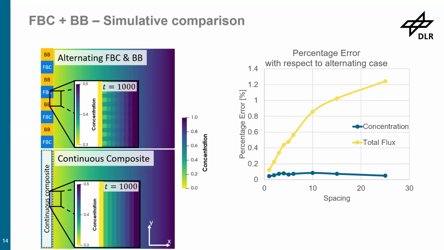And we can see that the error itself on the concentration field is almost negligible. And I must say, with the spacing of 25, we have in total 3 voxels that are reactive compared to the 100 that are non-reactive. And even the flux error in that is only 1% difference, which in my case is close enough, because if you use classical nucleation theory, 1% difference is damn accurate.